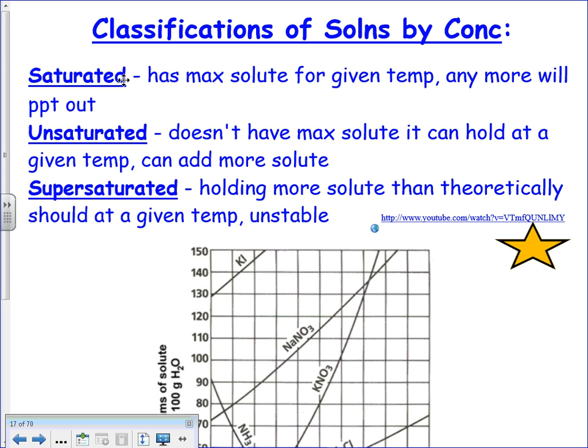So it's always temperature specific. But if you add more, that means it is past capacity. So I'm going to say saturated means at capacity. And that's kind of as basic as I can define saturation.